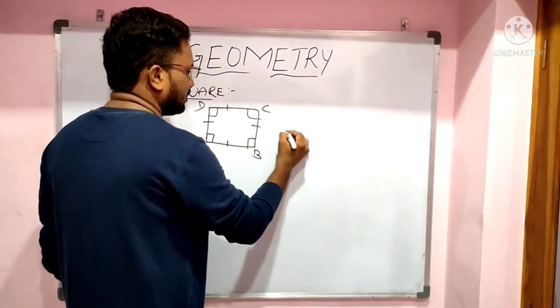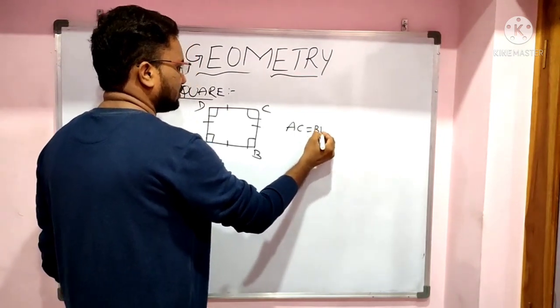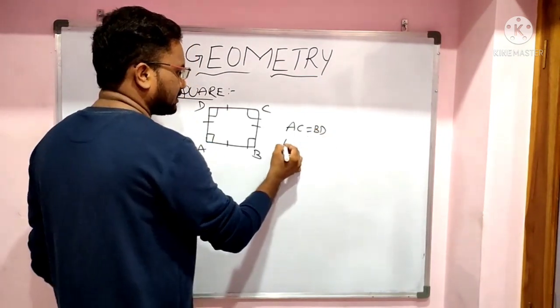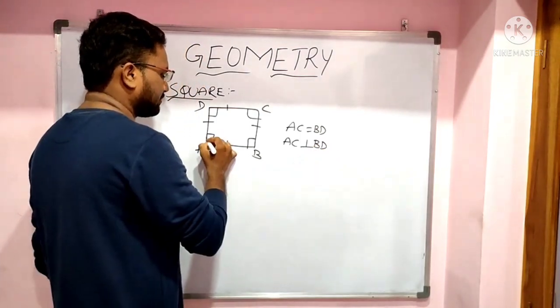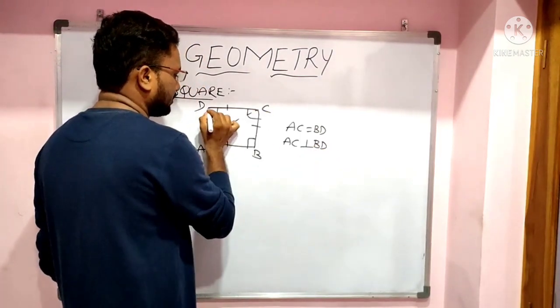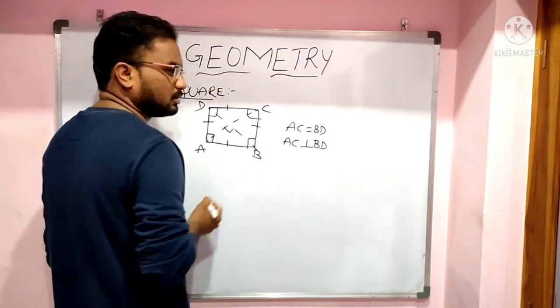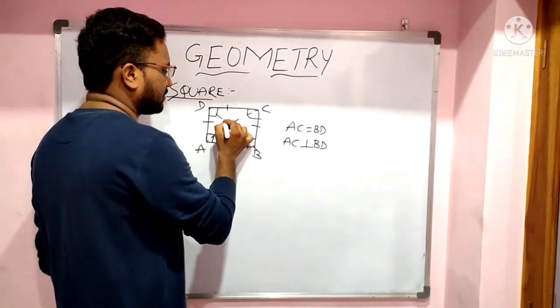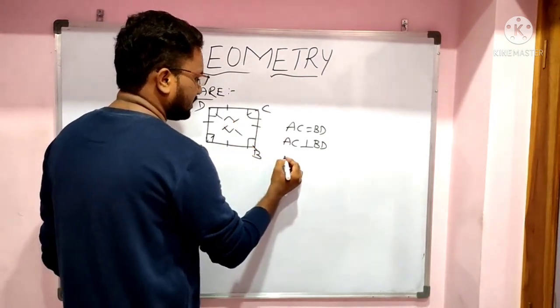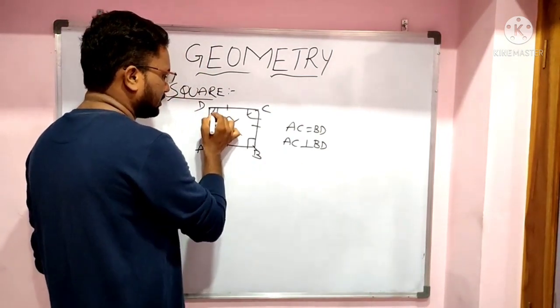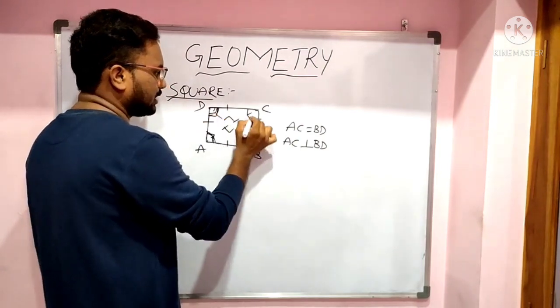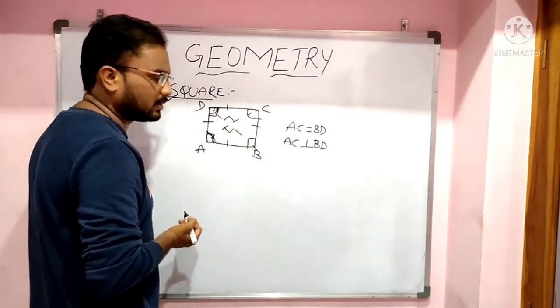So in a square, diagonals are equal and the diagonals bisect perpendicularly. These two diagonals bisect perpendicularly, and the diagonals bisect the vertex angle. That means this angle, this angle, and this angle, this angle, all are equal.